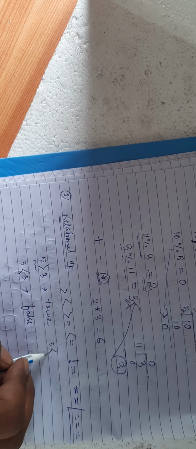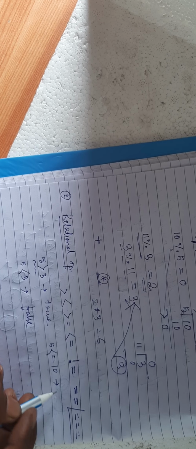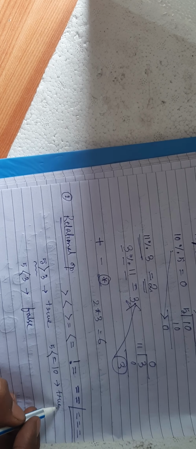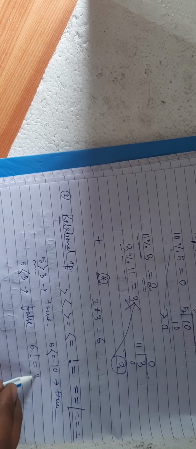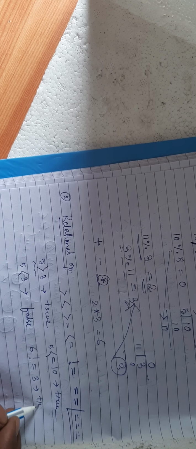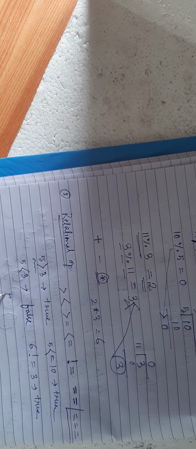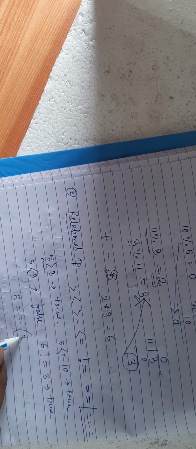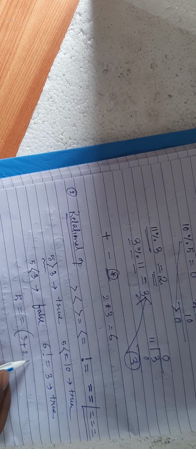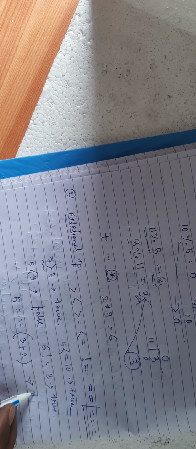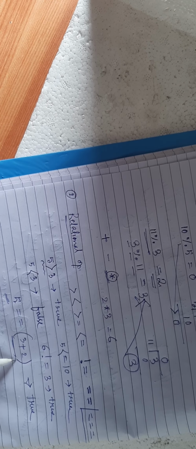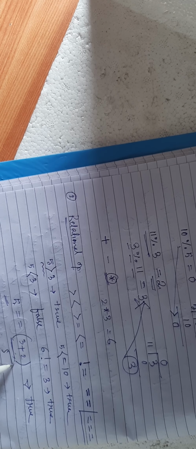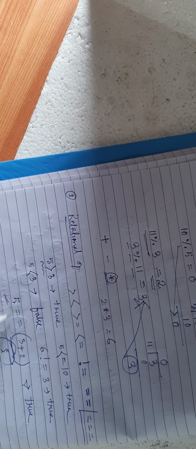Then 5 less than or equal to 10 will result in true. 6 not equal to 3 will result in true. Even 5 equal to, within brackets, suppose we write 3 plus 2, then also it will result in true. How? Because on this side 5 is there, on this side 3 plus 2 is there, so it will also result in 5. So 5 and 5 are both equal.